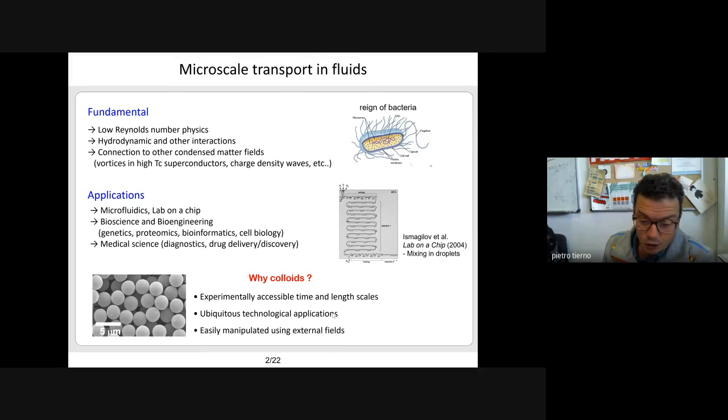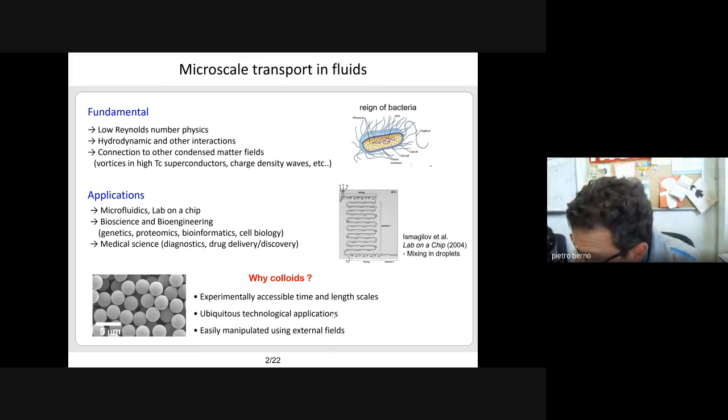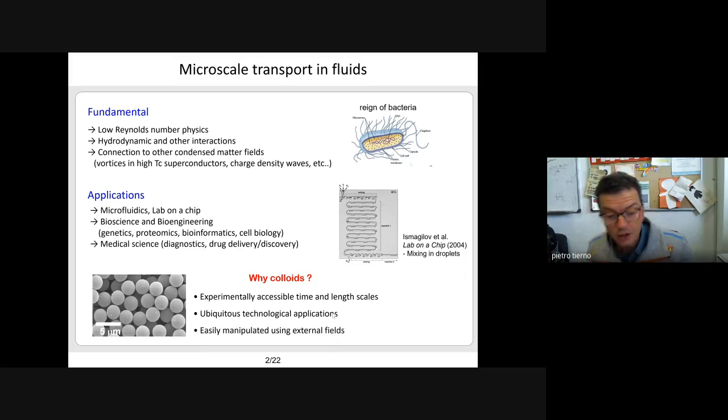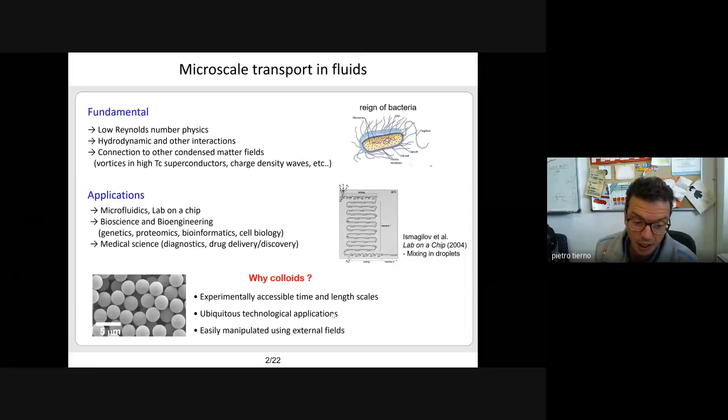They have many technological applications. You know that colloids are everywhere, in cream, pasta, shampoo, smoke, and so on. And especially, you can tune the interaction between colloidal particles by the use of a simple external field, something that is not so easy or trivial at other length scales, such as the atomic or the macroscopic length scale.